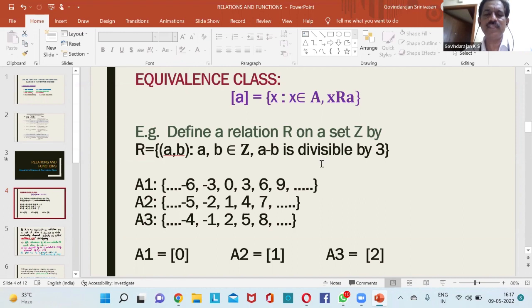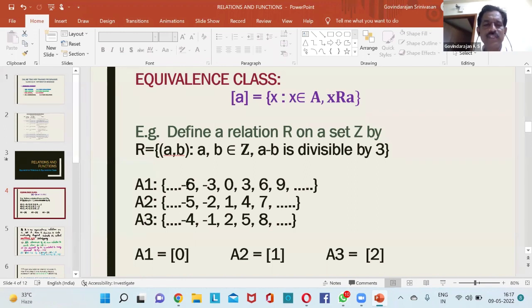Now we are going to see a special topic, which we call the equivalence class. I have written three subsets of integers. The first is minus 6, minus 3, 0, 3, 6, 9. These are all multiples of 3, each element divisible by 3.